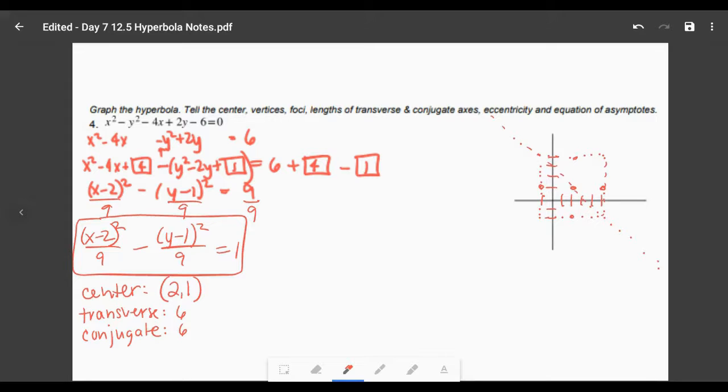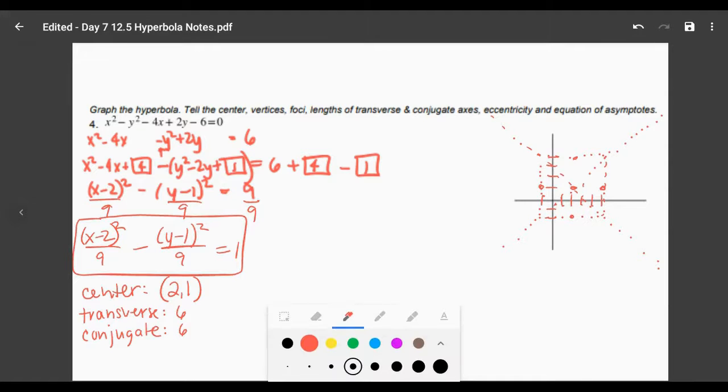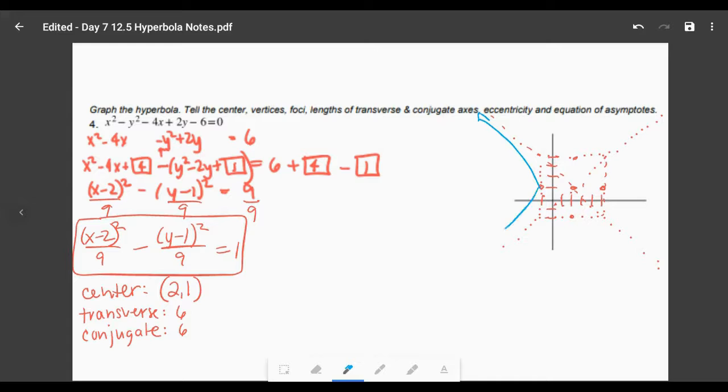And then we know which direction that this hyperbola should open in, since the equation starts with an x squared, or x minus 2 squared. Then we know that it has to open in the x direction. So it should open from this vertex and to the left, and from this vertex and to the right.